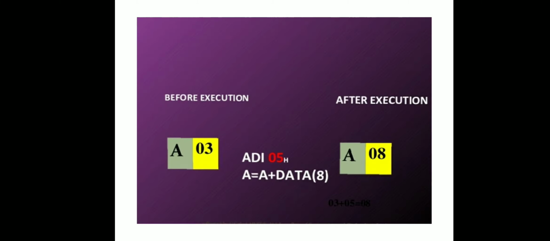For example, ADI 05. After execution of this instruction, the content of the accumulator is added to the 8-bit data 05 directly, and the result is stored in the accumulator.